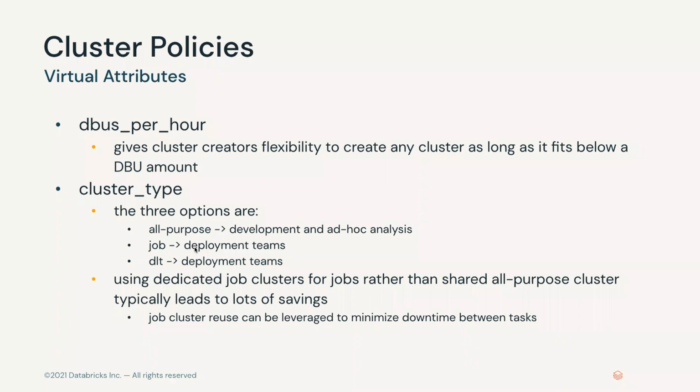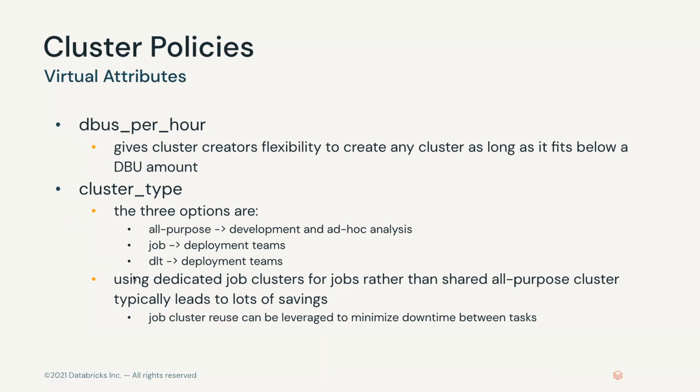So if you're giving a policy to a deployment team, job clusters or DLT clusters, so Delta Live Tables clusters, are probably most valuable to those teams, while development and ad hoc analysis teams probably use all-purpose clusters the most. So yeah, hopefully that makes sense. And so those are just some things to know.